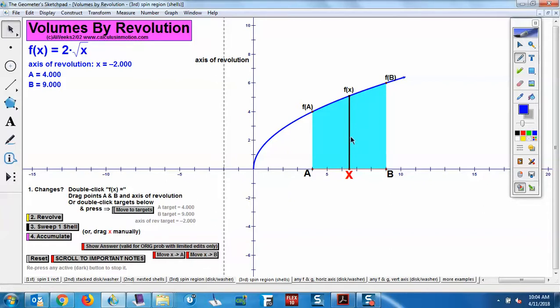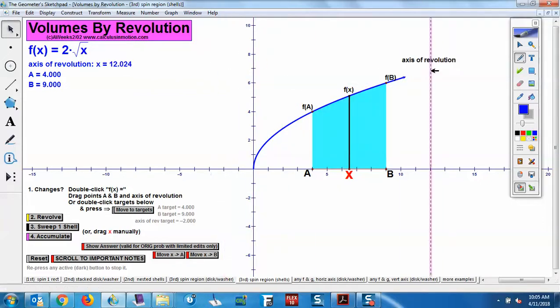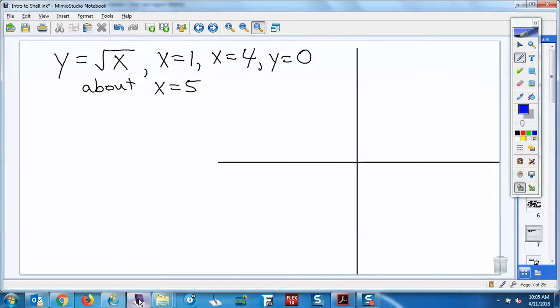I tell you what, before we do that, matter of fact, let's move our axis over here. Before we do that, let's actually do a problem similar to the one we were just looking at, but with the method we know about right now. So let's go ahead and do this problem.